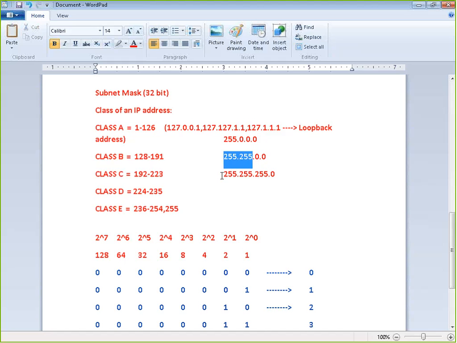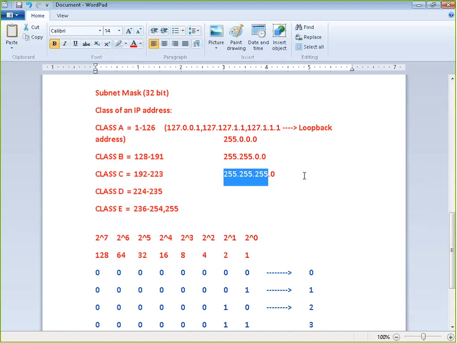In the class C default subnet mask, the first three octets are all ones and the last octet is zero. Overall, the leftmost portion of the subnet mask is all ones, whereas the rightmost portion is all zeros.